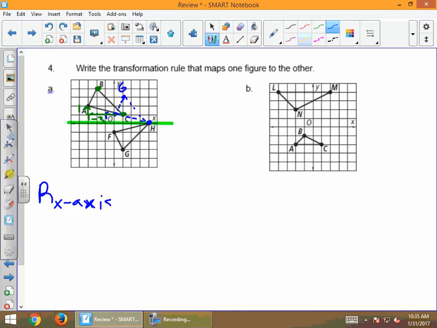Then what did we do? Translation. What do we use for translation? Capital D. Which direction did we move first? The horizontal movement has to go first. And then we went up 1. Which triangle did we move? We moved triangle F.